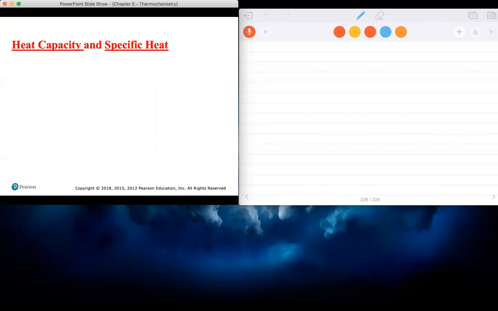Heat, remember, which is Q, is given by the equation here.